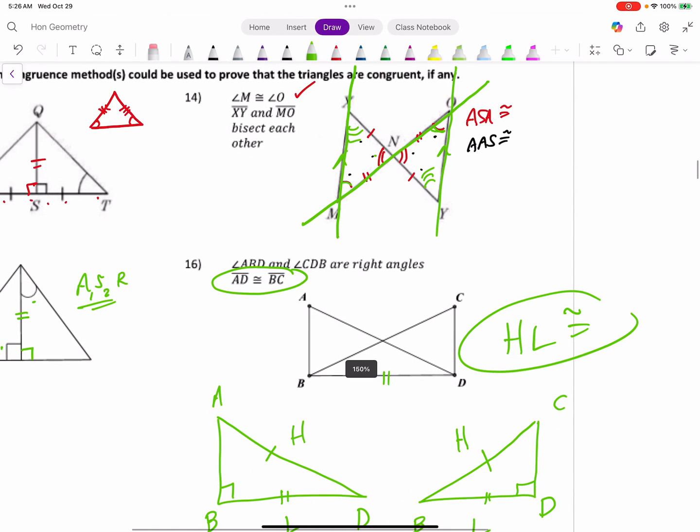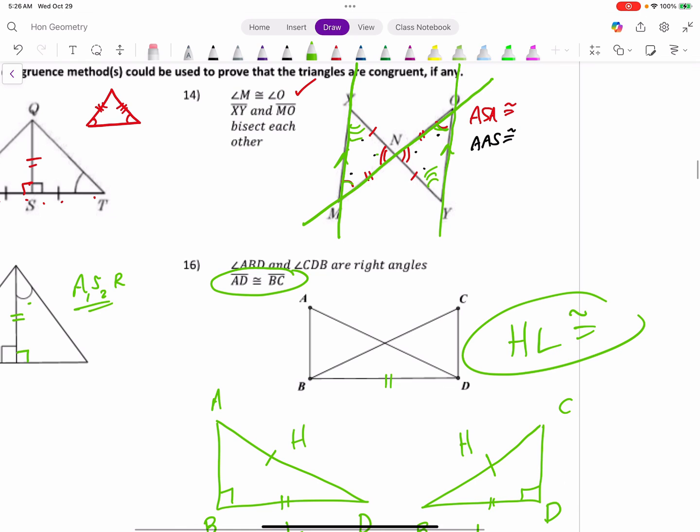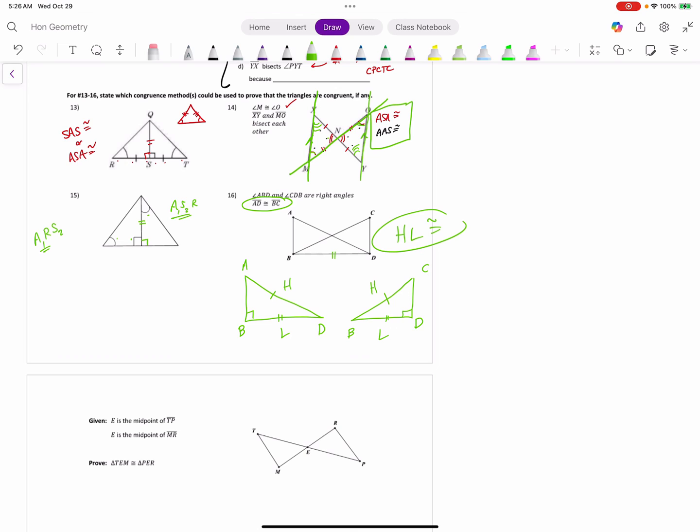Okay, no, I'm good. The reason I'm looking is I always look back at my old notes when I'm doing this to make sure I haven't forgotten to talk about something. I skipped a page. And I didn't have this written down for that one. So it's like, wait, are those triangles not congruent? I think we're good. They have to be congruent, right?